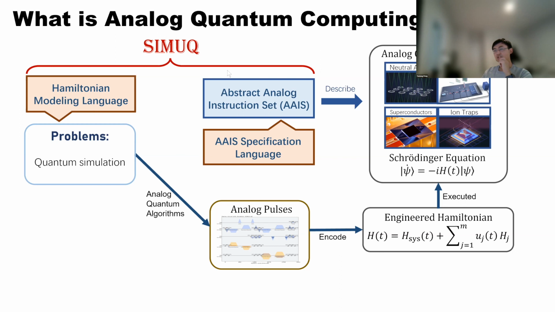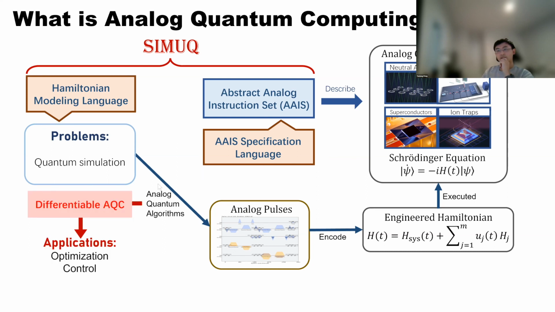These works are packaged in a huge framework called SimuQ, which includes the implementation of these languages and the compilation from programs written in these languages to the actual running pulses for devices. So this is the first software tool we would like to talk about. The second tool is a differentiable framework for analog quantum computing, which is more or less an analog quantum algorithm that can lead to applications like optimization and control.